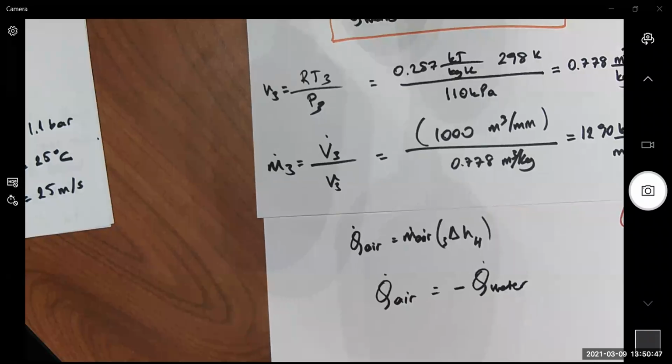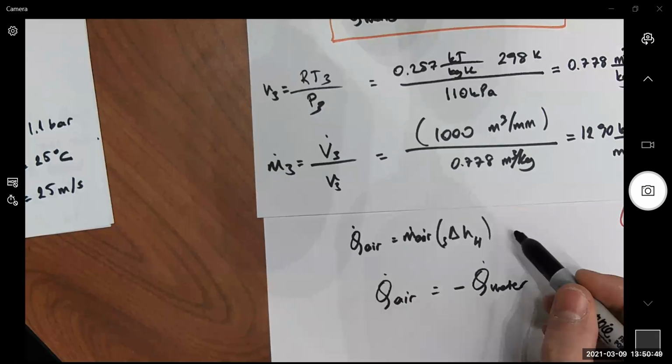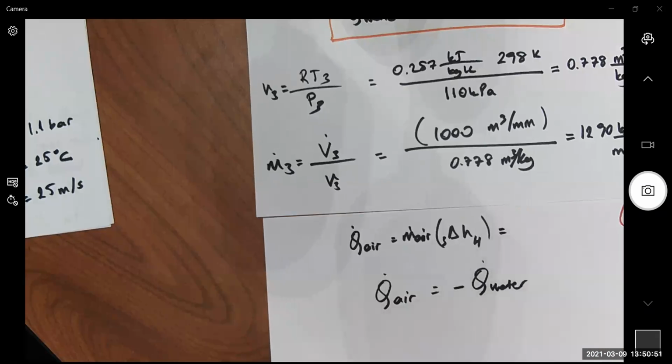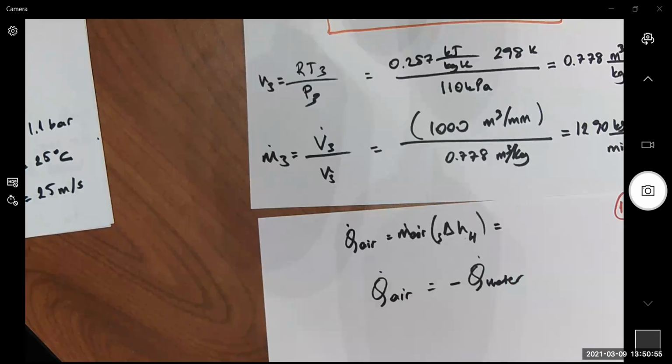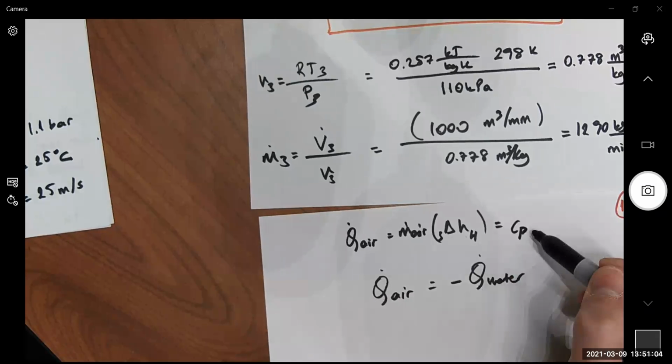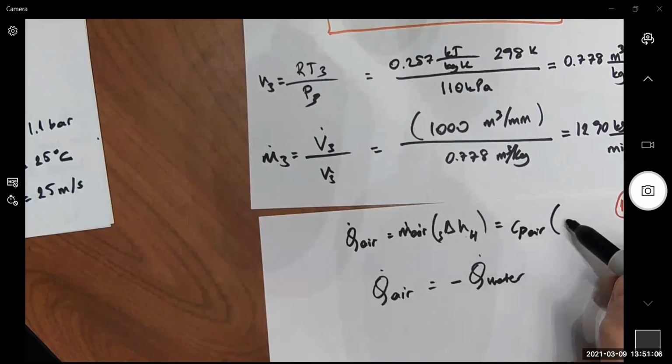Right? What else? How do I find my enthalpy? Cp delta T. Okay.